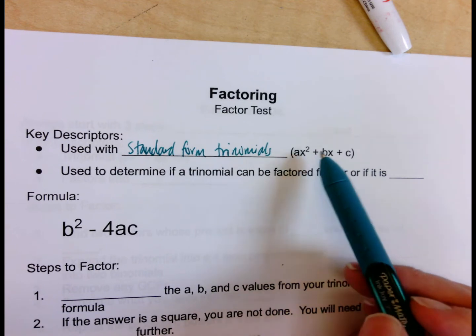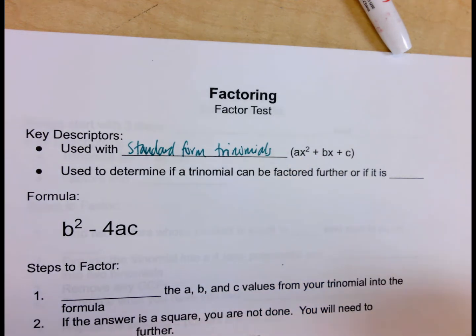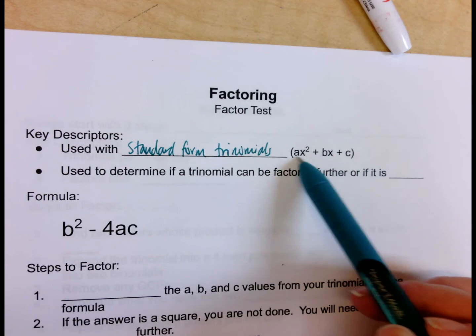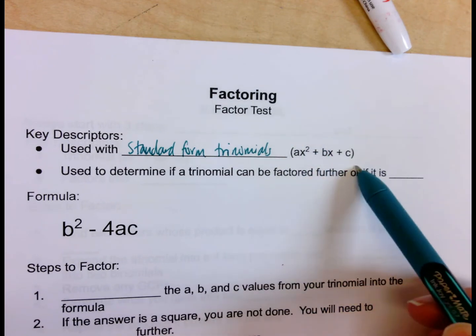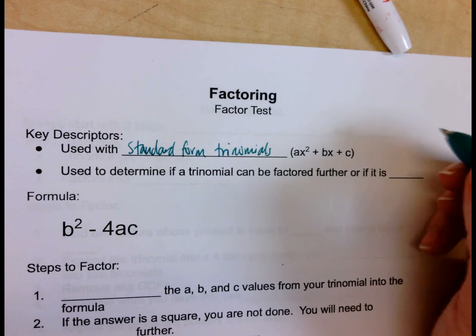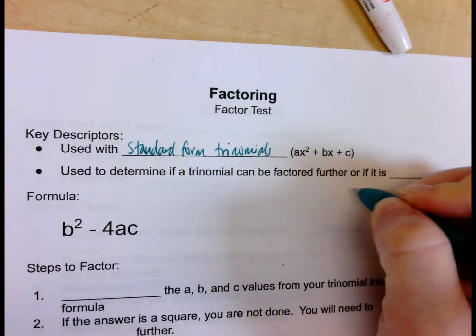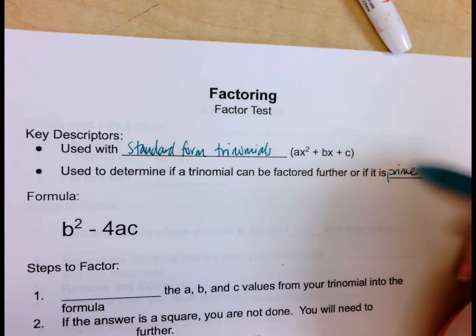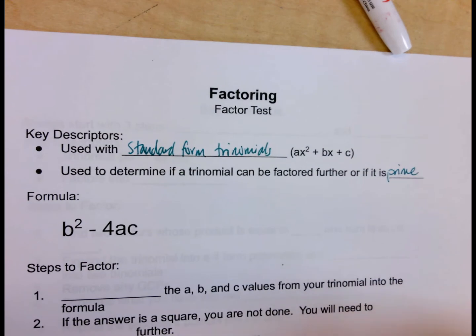That may not be an x, it may be a t or a p or whatever the variable is. Remember what's going to be in standard form: alphabetical order, highest exponent down. It is used to determine if a trinomial can be factored further, or if it's not, remember that we call it prime. If it can't be factored, we call it prime and we move on. There's nothing else we can do.